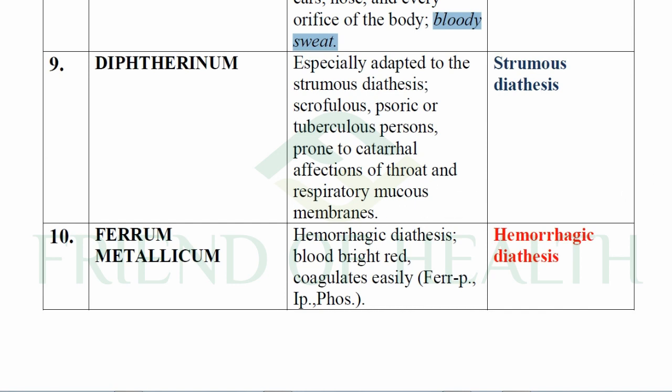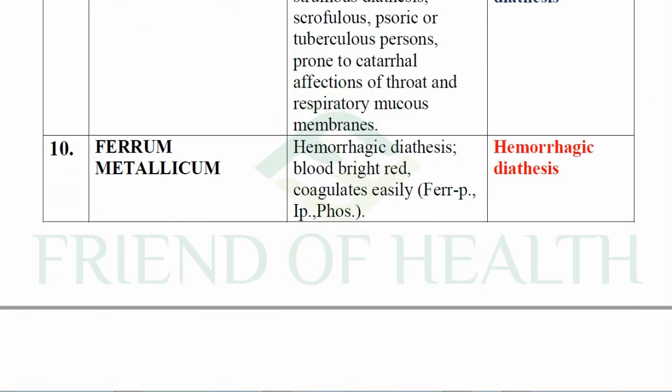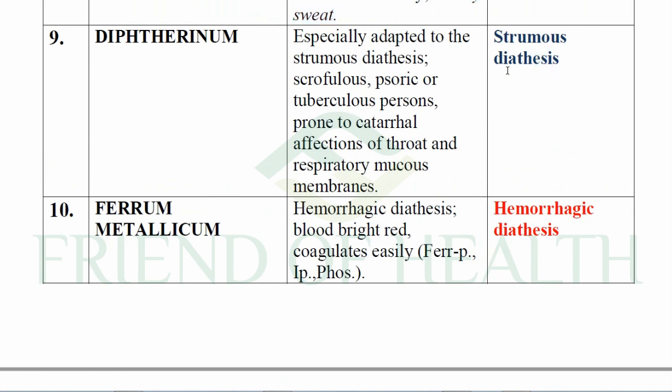We will see other Strumous diathesis and scrofulous diathesis remedies again. Remember that diphtheria affects the throat. So when affections of throat and respiratory mucous membranes and terms like Strumous diathesis, scrofulous, psoric come, this line will go for Diphterinum.